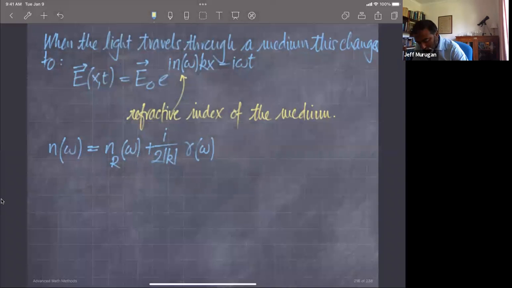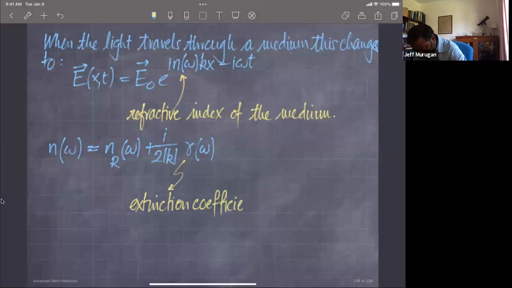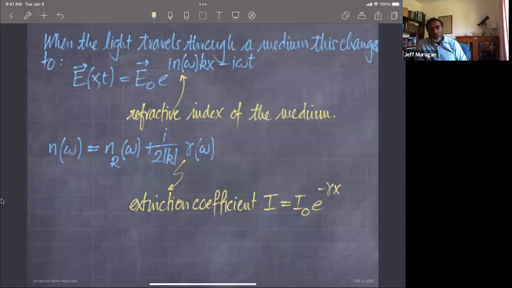The extinction coefficient is defined in the following way. It's defined via the intensity of the light, such that if the light hits the medium with some initial intensity, I naught, then there's an exponential fall off in the intensity as the light travels a distance x through the medium. And gamma is defined through this exponential.